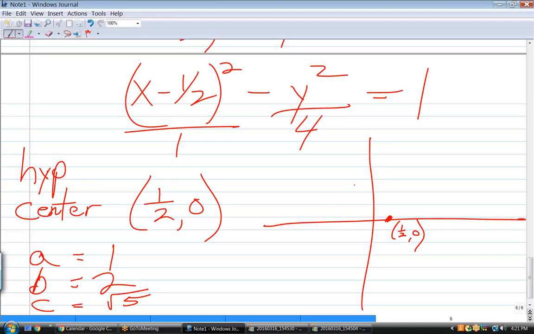Now, the next thing you do when you're graphing a hyperbola is to draw this imaginary rectangle. This imaginary rectangle is 1 unit from the center to the right, and it's 2 units from the center up. So I'm going to put it in dotted lines.